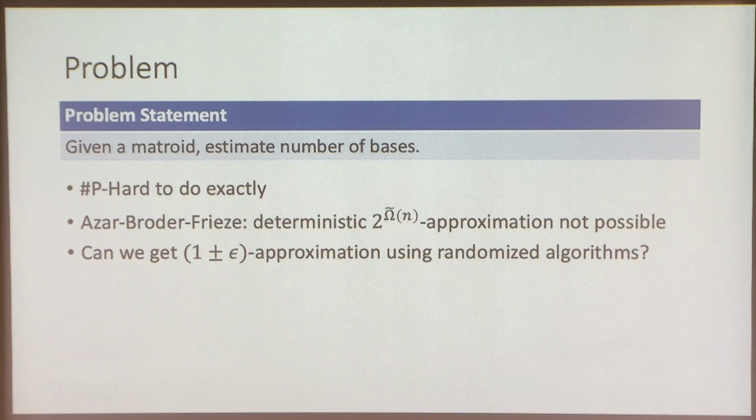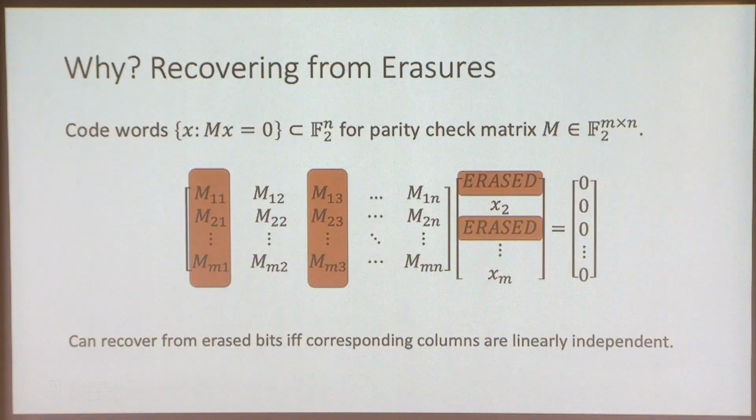So why should you care about this problem? One example comes from coding theory. Here, the setting is you have a parity check matrix, and the kernel of this matrix gives all the code words in your code.